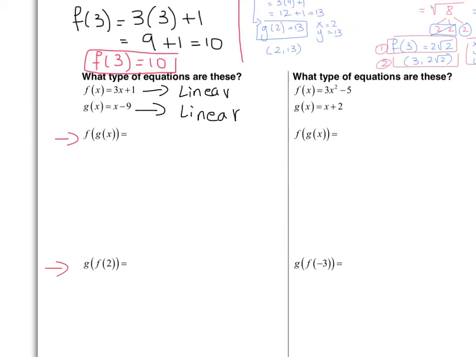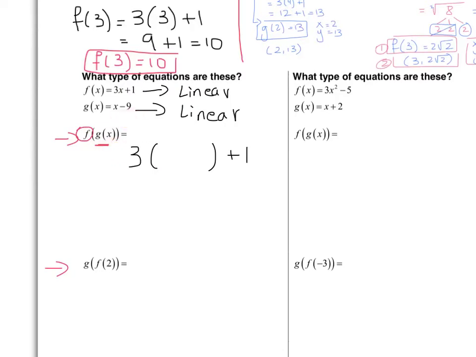Now here it means that you have to plug in g of x into f. So what is f? f is 3x plus 1. Whatever x is, you keep parentheses and plus 1. Now what should go into these parentheses? g of x.